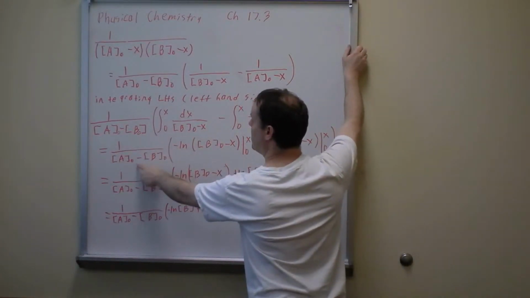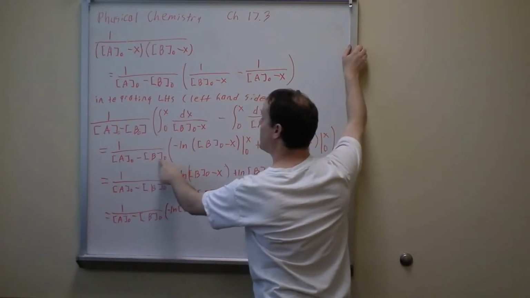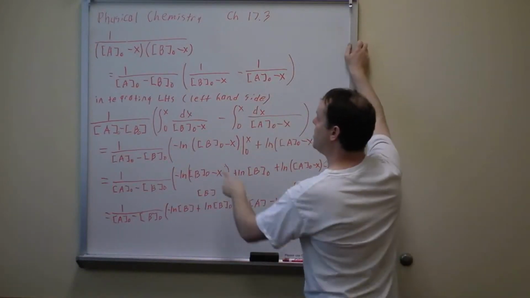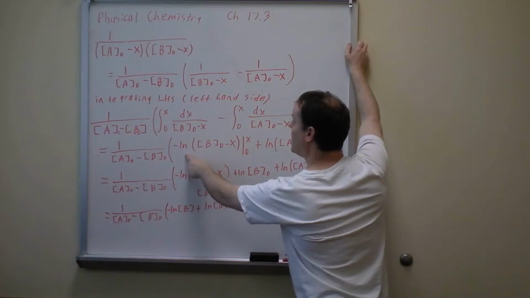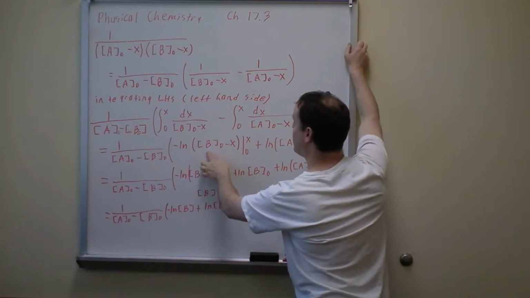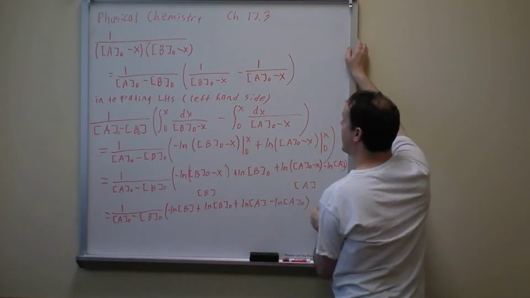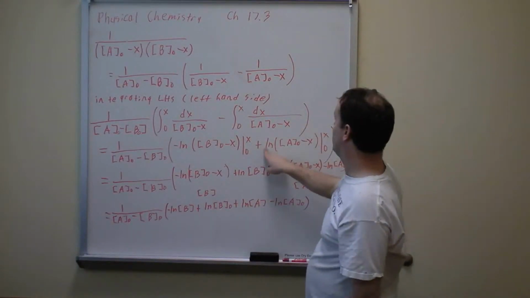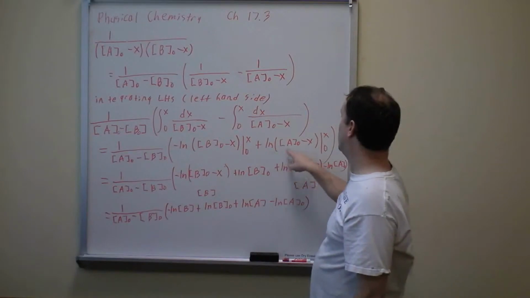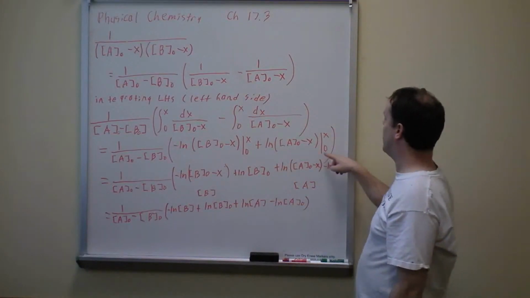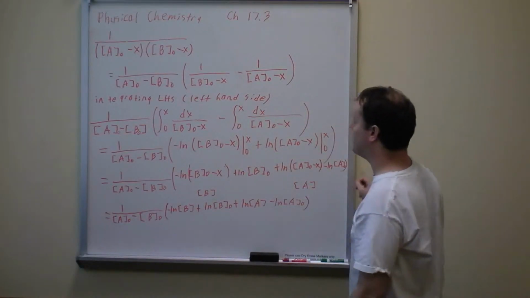So that's equal to 1 over the initial concentration of A minus the initial concentration of B times minus the natural log of the initial concentration of B minus x, evaluated from 0 to x, and then plus the natural log of the initial concentration of A minus x, evaluated from 0 to x.